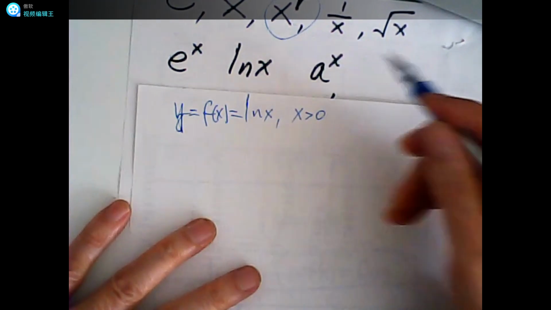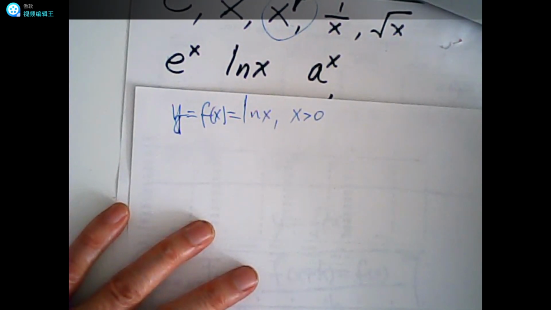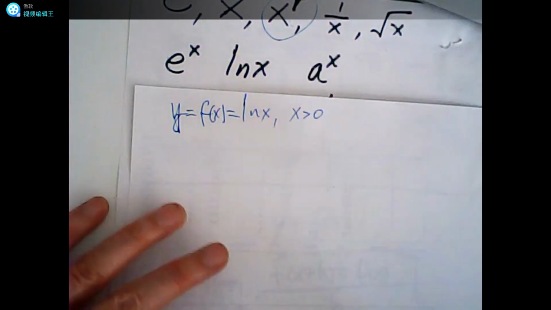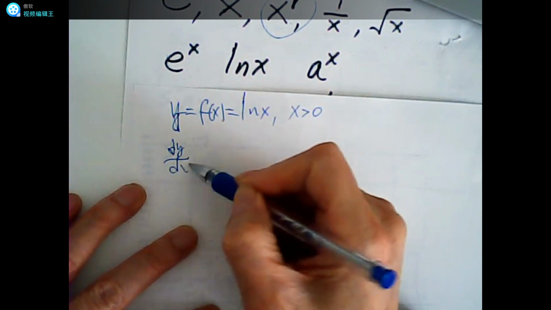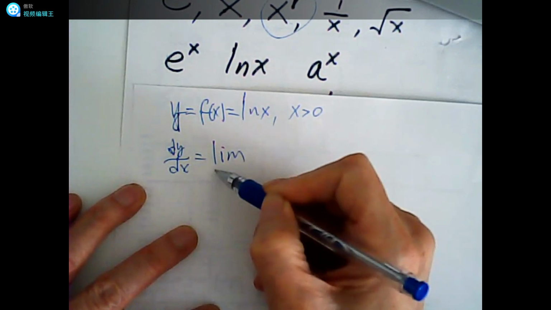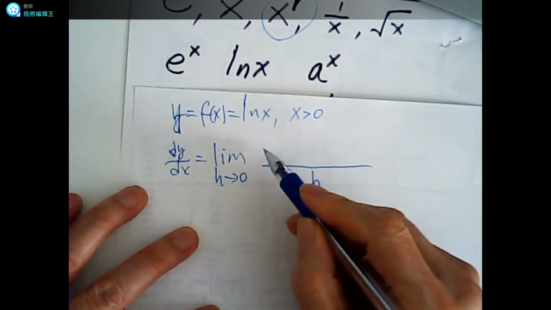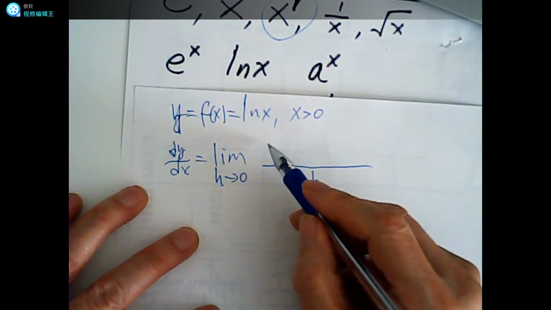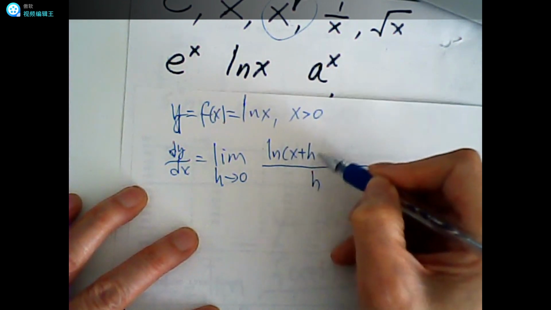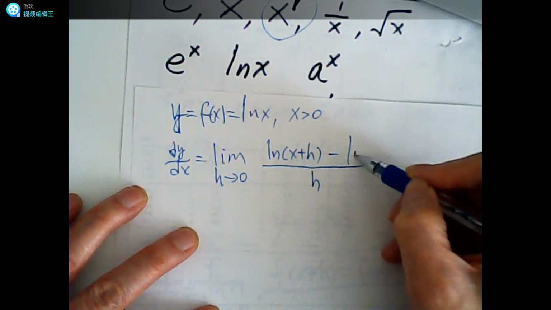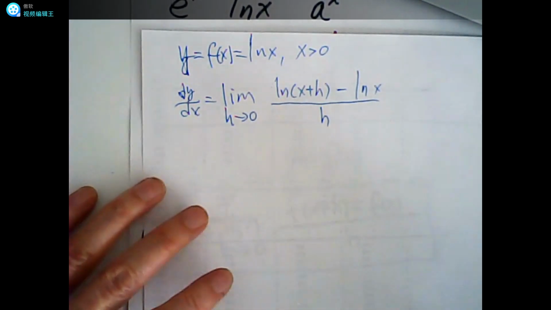Now, what to do? By using the definition of a derivative, dy/dx is equal to the limit as h approaches 0 of f of x plus h, so log of x plus h, minus log x, over h. Simply the definition.